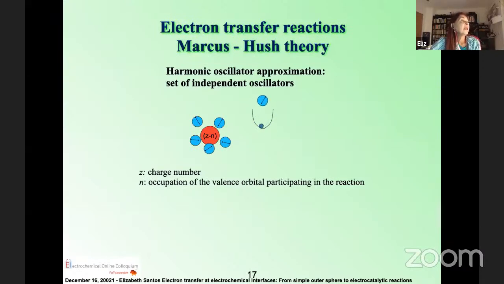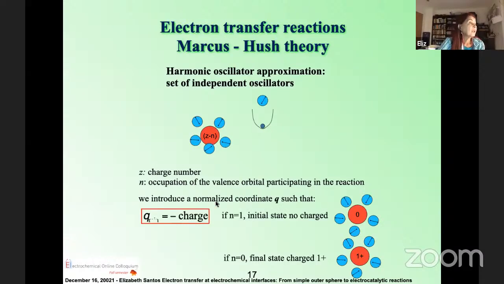And then we have a charged species, and we can also introduce a normalized solvent coordinate that we shall call Q, that is defined as the opposite of the charge of our species. For example, if we have an electron that will be transferred, in the initial state we have an uncharged species, and then after that we have a final state where an electron has been transferred.